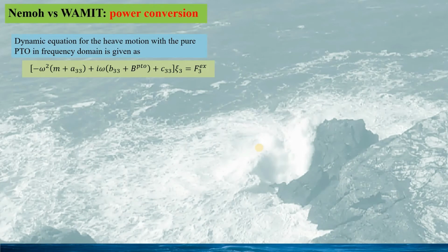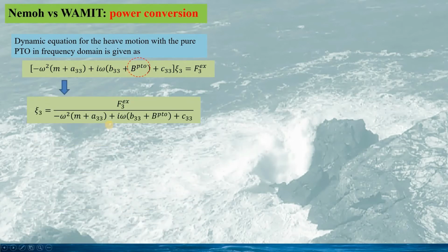By adding a pure damper PTO, the dynamic equation of the heave motion would be given as this. Here, B_PTO is the linear PTO coefficient. Thus, the motion amplitude of the structure with the PTO would be given as this.